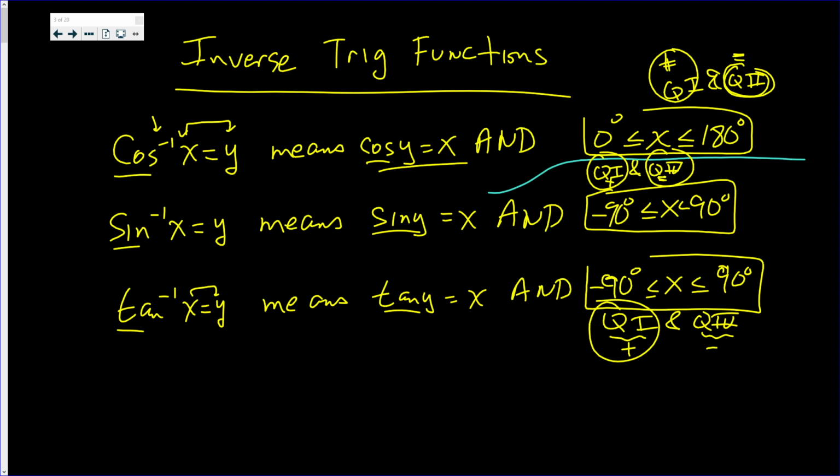Quadrant 4, the other quadrant, is negative. Sine inverse, cosine inverse, tan inverse, the answer is allowed to be in quadrant 1, and it has to be a positive answer. Otherwise, depending upon whether it's sine, cosine, or tan inverse, they're in either quadrant 2 or 4, and they're negative. All right.